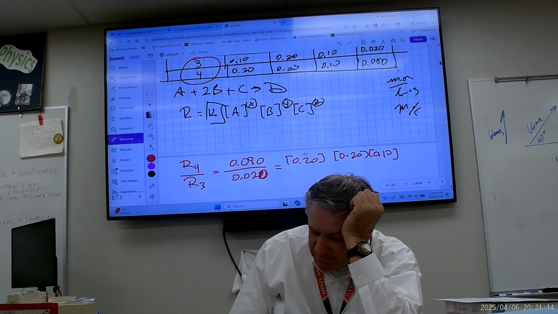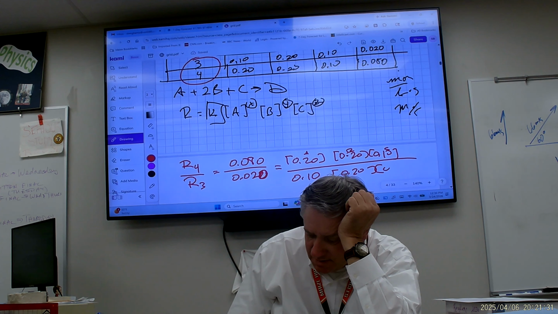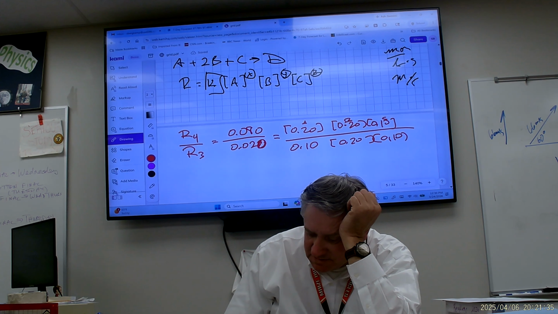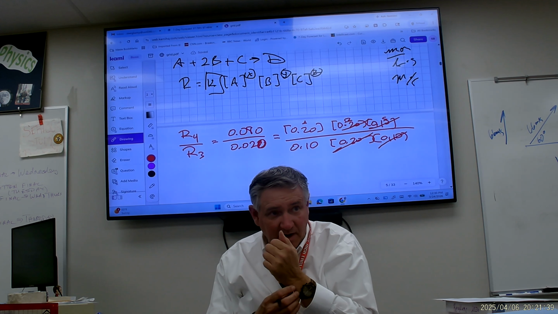So this is my A value, that's my B value, that's my C value. And then down below that, I've got reaction 3, which is going to be 0.10, 0.20, and 0.10. Okay? So all of these are going to cancel out.